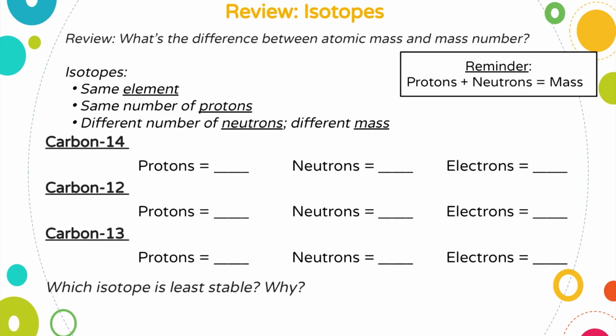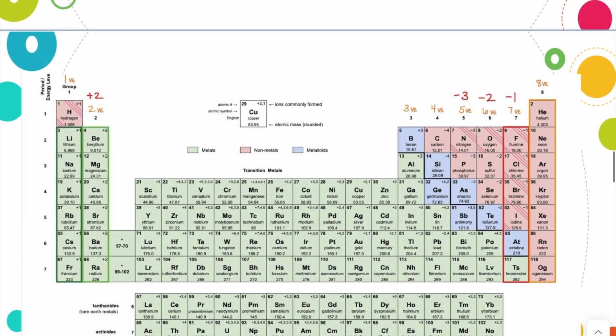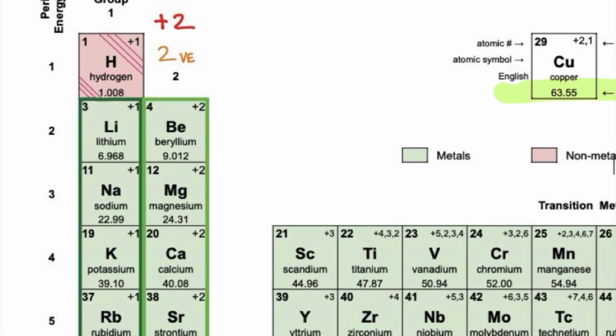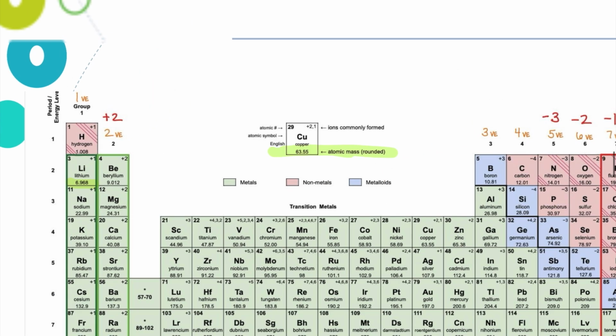So what is the difference between atomic mass and mass number? If we look at our periodic table, we have the atomic mass down here. And that atomic mass, if we look at something like lithium, is 6.968. But you can't have a partial proton or a partial neutron.